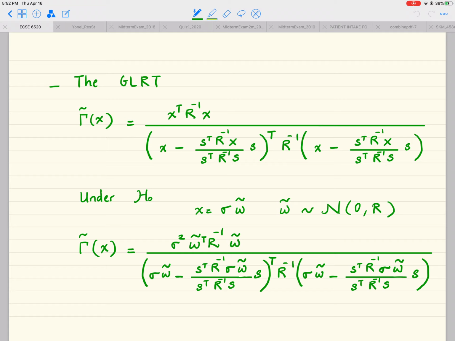We apply the same trick. We write X as sigma times W tilde, where W tilde is Gauss with 0 mean and covariance R, and plug this model into the GLRT ratio.